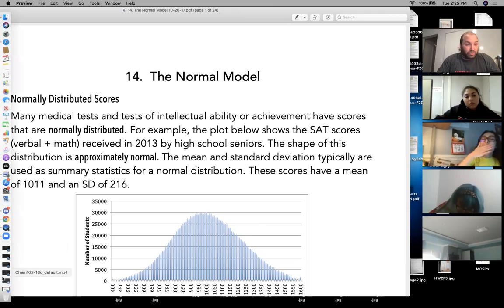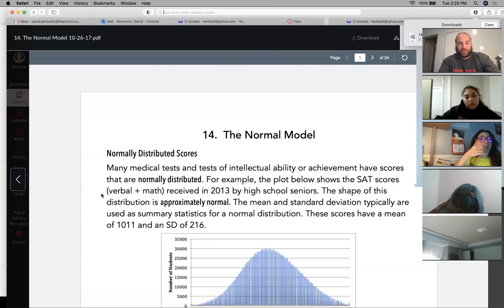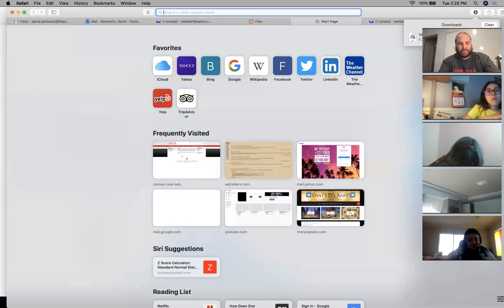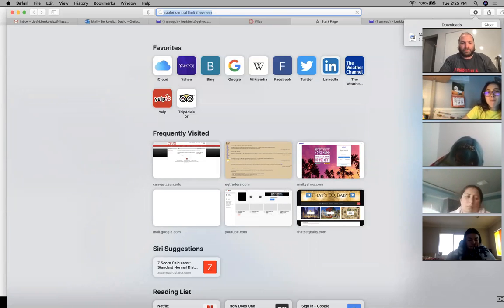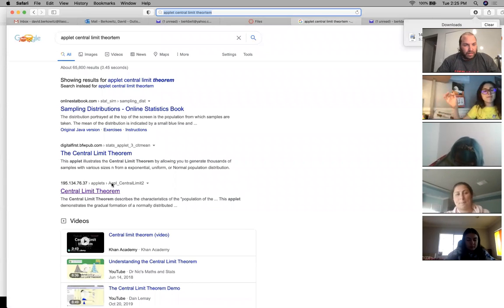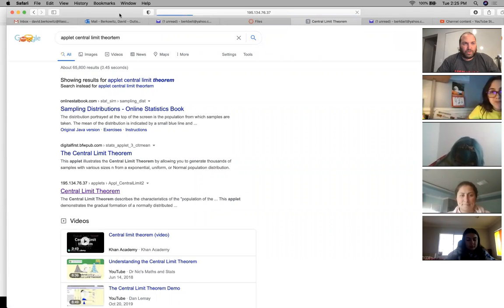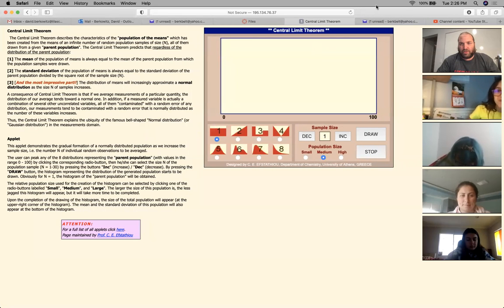I want to give you an example. This is a little ahead of what we're doing: the applet for the central limit theorem. You can all see this here.